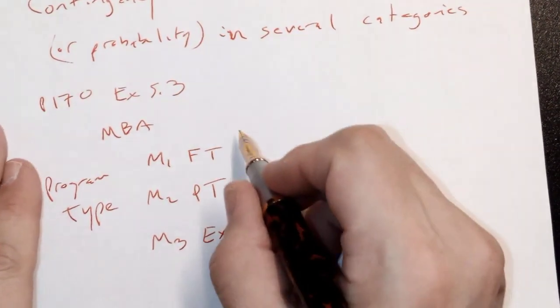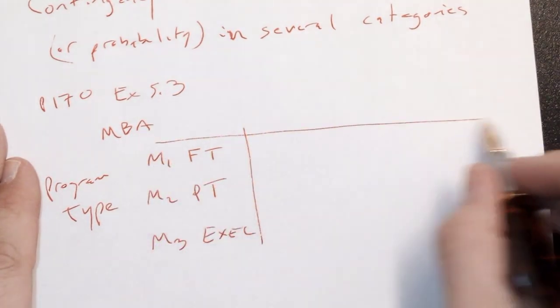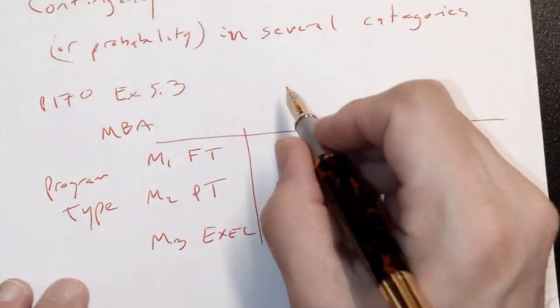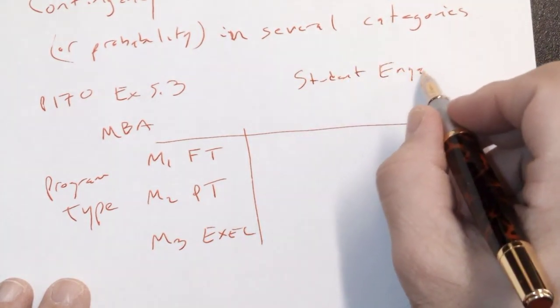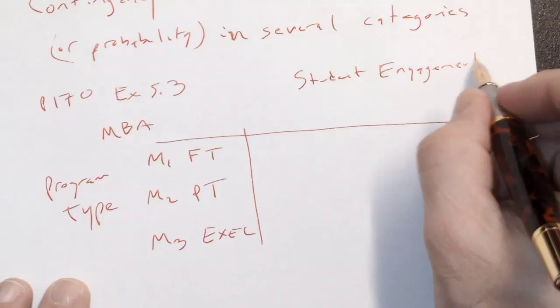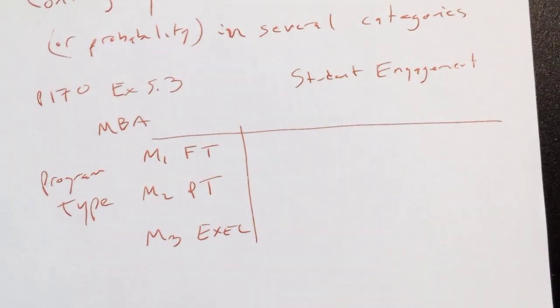And then we did a survey and asked for their engagement level. How often are they on Canvas? How often are they in the modules that we created? How often are they watching the videos? How often are they doing the live exercises and accessing the data sets?